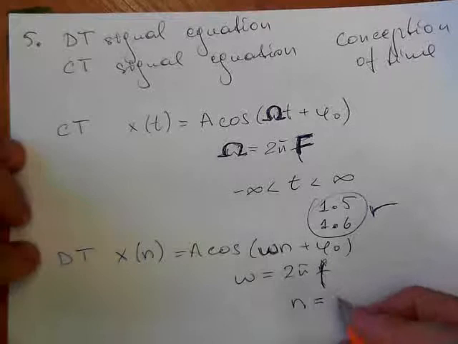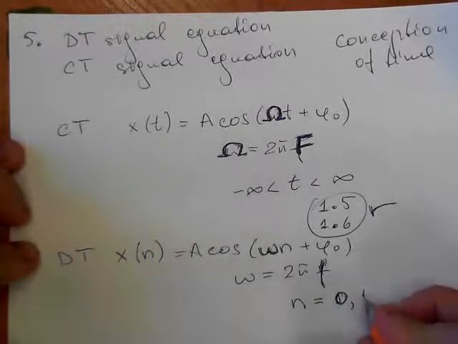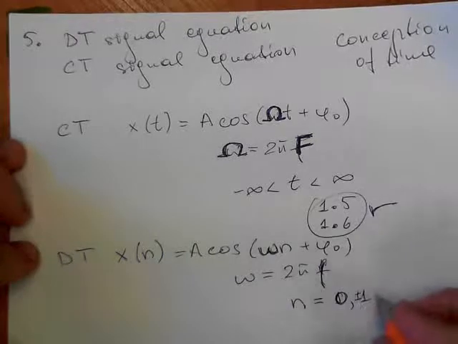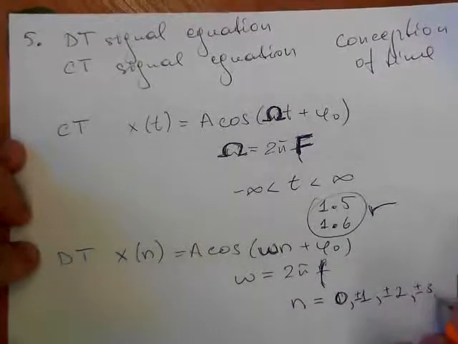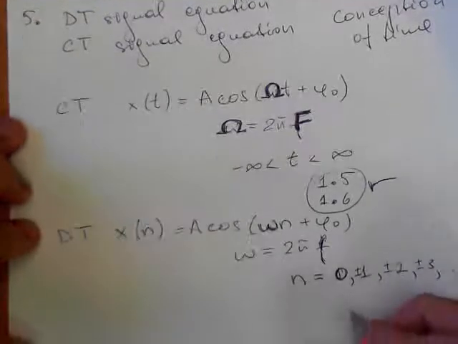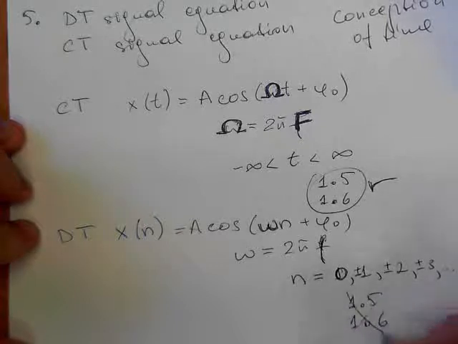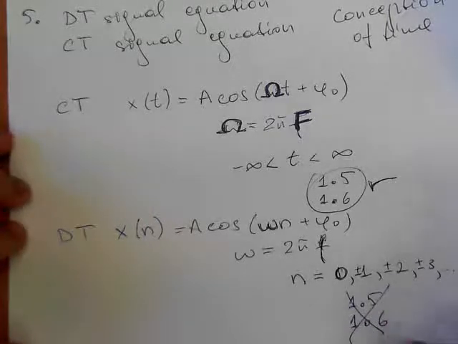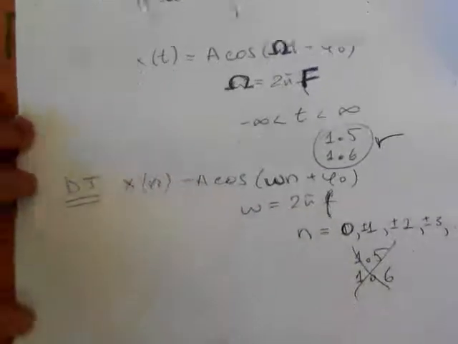Now n can obtain only values like 0, 1, plus minus 1, plus minus 2, plus minus 3, etc. Values like 1.5, 1.6 are not allowed here in discrete time.